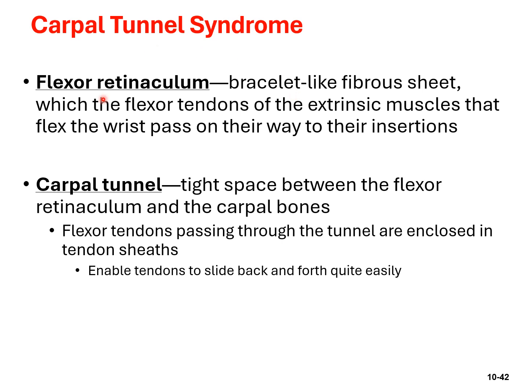So this wraps around all of those flexor muscles. What happens with carpal tunnel is when you're resting your wrist on something, you're actually inhibiting the flexor retinaculum and the free movement of all those flexor tendons.